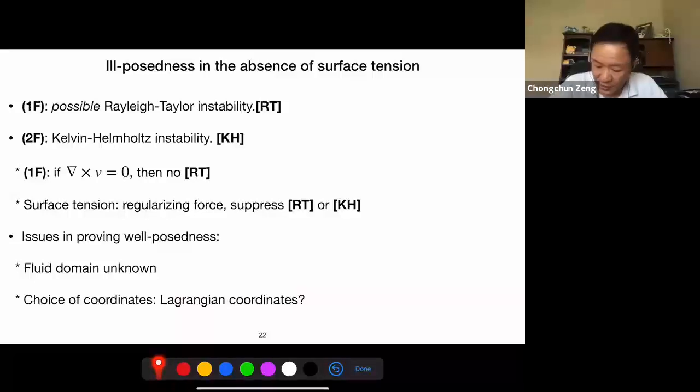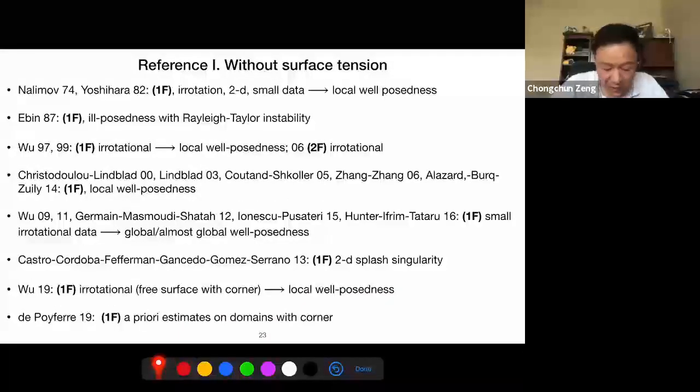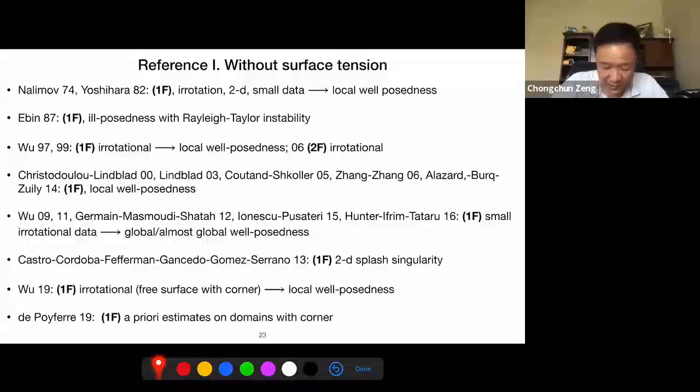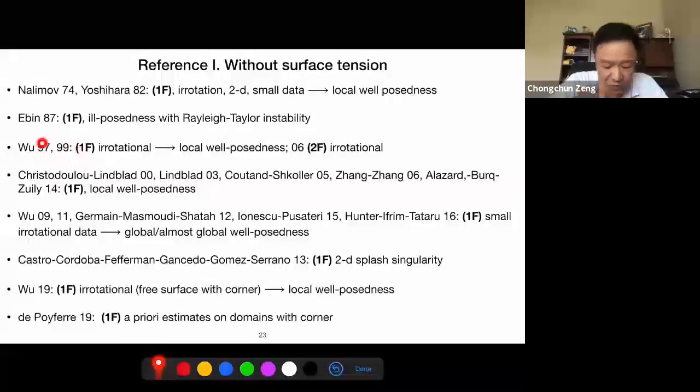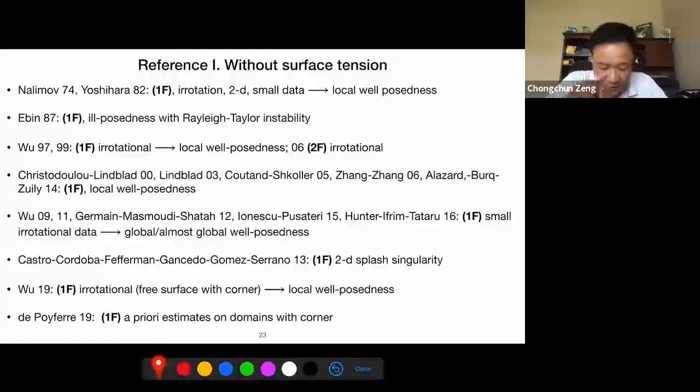Before I take the break, just to mention that there has been a lot of work on the well-posedness, local well-posedness, global well-posedness of the free boundary problem of the Euler equation, starting from the 70s. But the major breakthrough was in the 90s when Sijie Wu proved the local well-posedness in the irrotational case in 2D and 3D.